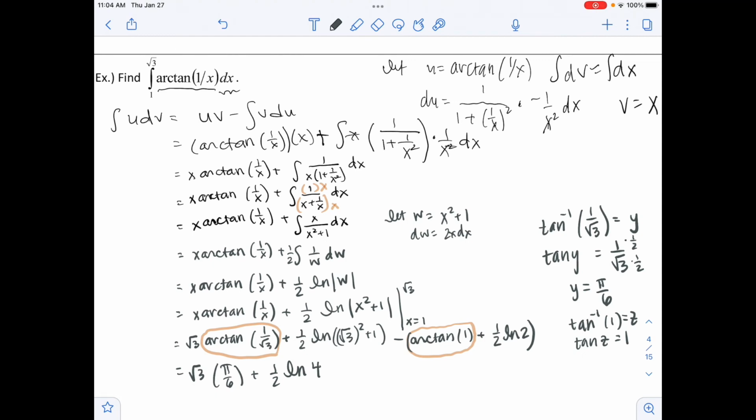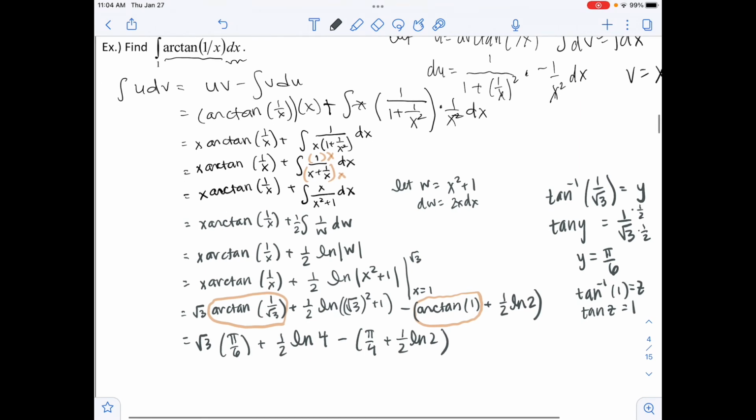And so we have minus, this would be pi over 4, and then plus 1/2 ln of 2. And so from here, we can simplify this a little bit more, rewriting this as rad 3 pi over 6 plus 1/2 ln of 4 minus pi over 4 minus 1/2 ln of 2. And this is a perfectly fine answer.